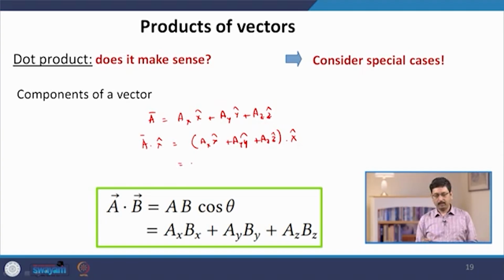From the previous calculation, x dot x is 1, so you will get Ax, and y dot x is 0 and z dot x is 0. So, you just get Ax. Ax then represents the projection of A along the x direction, and similarly Ay and Az. So, this gives you a pictorial meaning of the components of a vector.